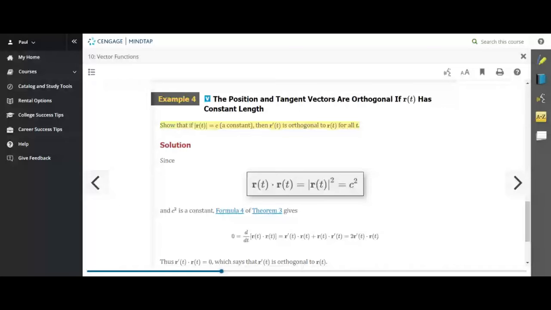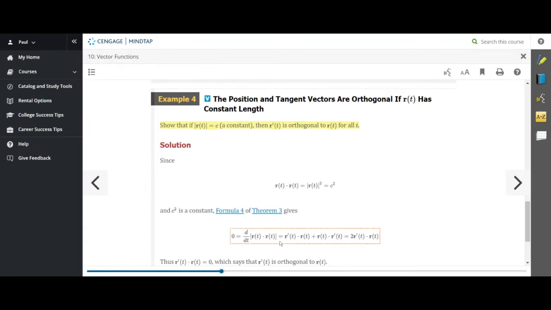Now, what we have here is an equation. The dot product of r with itself equals c squared. But we can take the derivative of both sides of this equation with respect to t. The derivative of a constant squared equals 0 on the right, and what's the derivative of the dot product on the left? Well, we're going to utilize the fourth rule, and absolutely amazing, really.